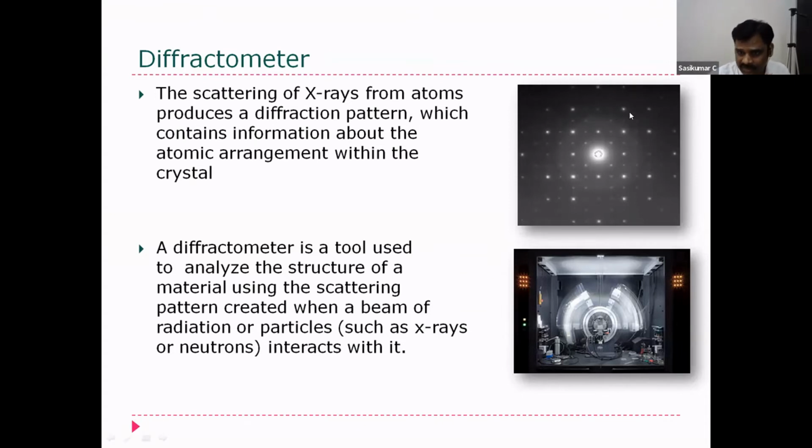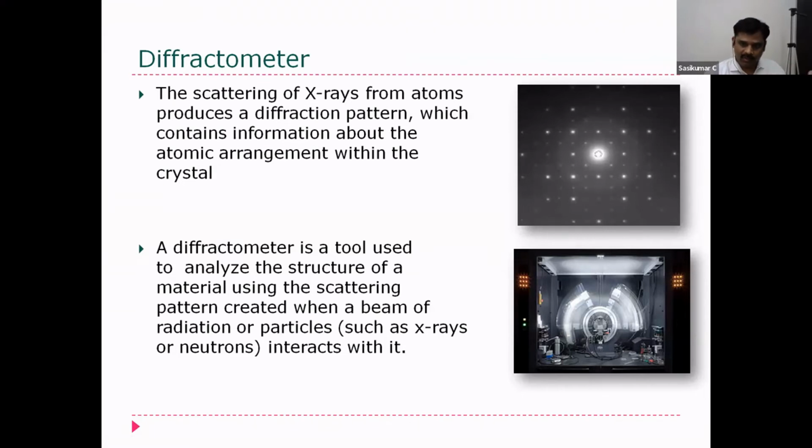You are able to see spots. There is a central beam, and around it there are many spots, and these spots come from the diffraction. The crystal has many planes, and from these planes the diffraction is taking place. So we are able to see the diffraction pattern.